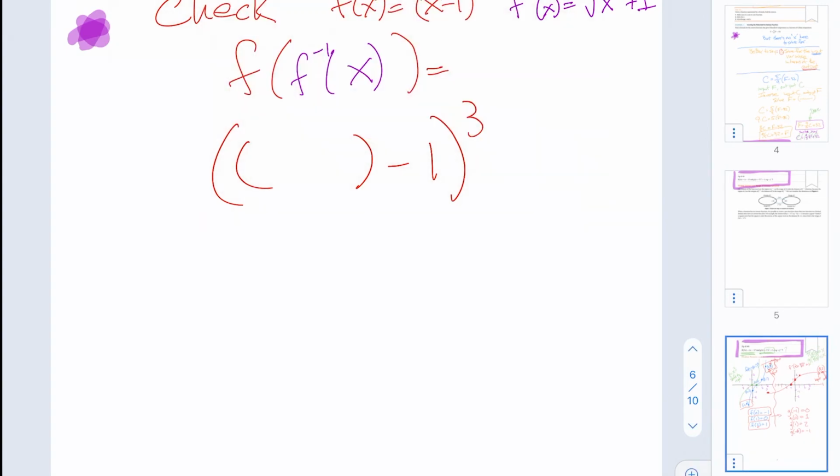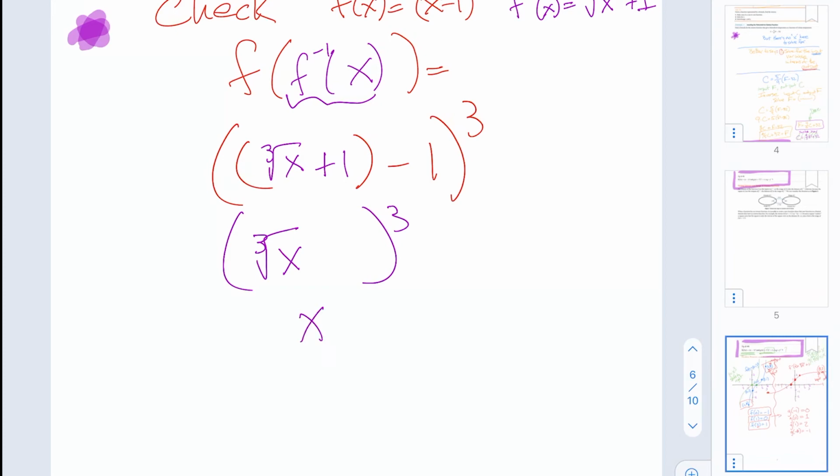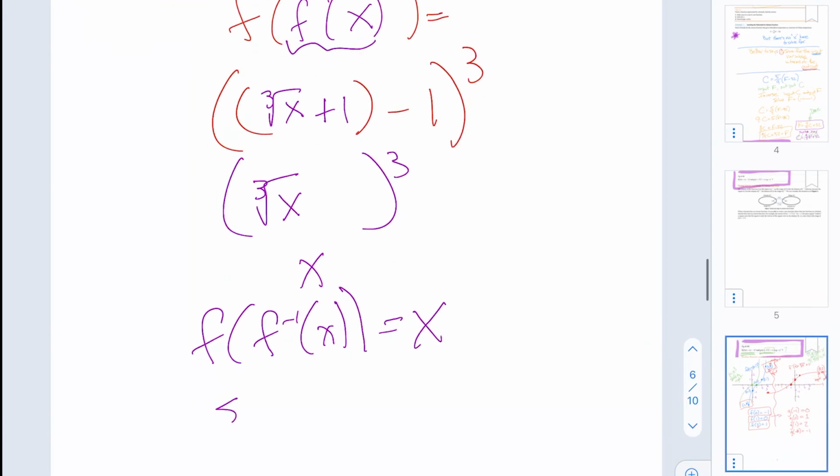And I plug in the purple into that, f inverse of x, which is just cube root of x plus 1. And what happens when I simplify that? Well, I get cube root of x plus 1, minus 1 goes away, cubed. And the cube root of x cubed is just x. So I get back to f of f inverse of x is x. That means they are inverse functions.